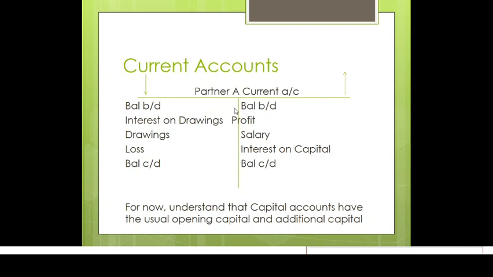For a current account, if a partner is owed money from the business, i.e. they have a positive balance, it is on this side. A positive balance is where the partnership owes them. Don't get this confused with a liability.